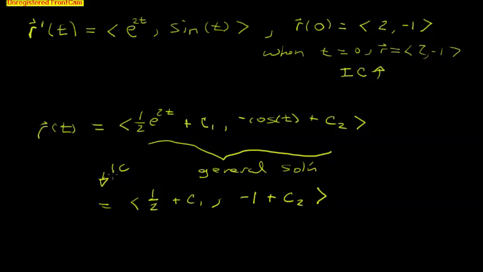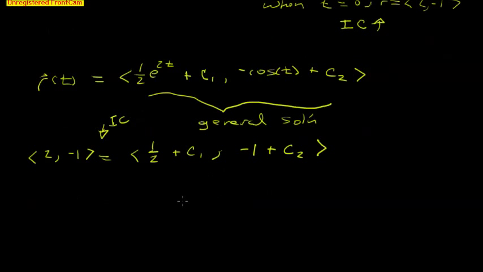And we are given that that should equal 2, negative 1. So on the left, we put 2, negative 1. Notice that this is really the same procedure as in the one variable case. We're just doing twice as much.